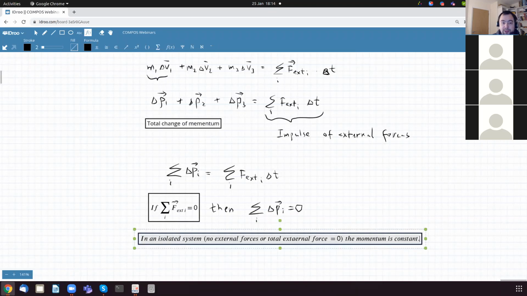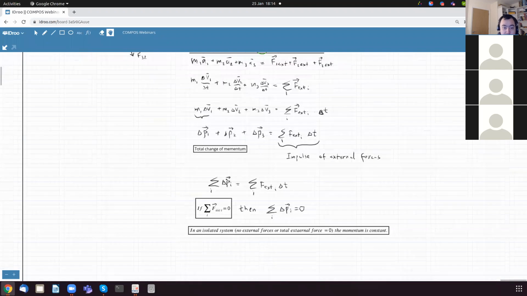So the total change in momentum is zero. And this is the proof of conservation of momentum for three objects.